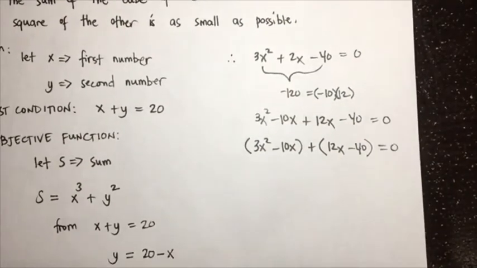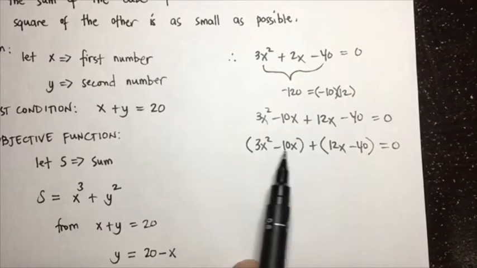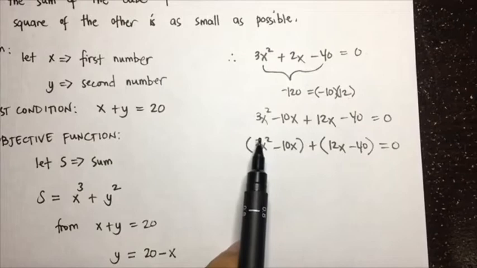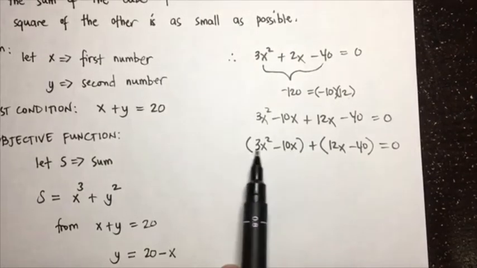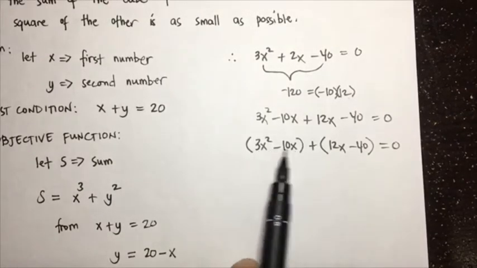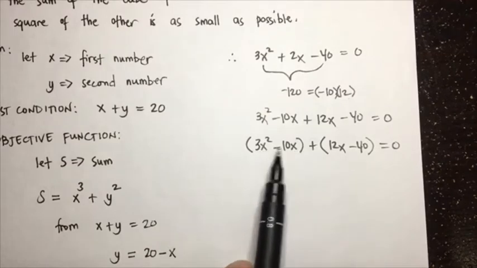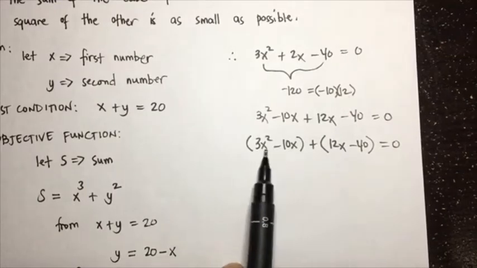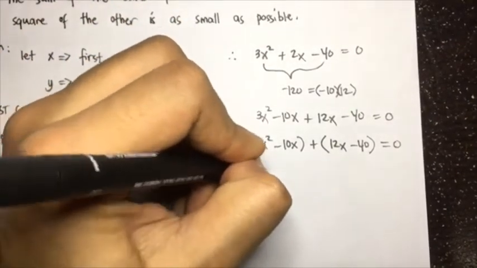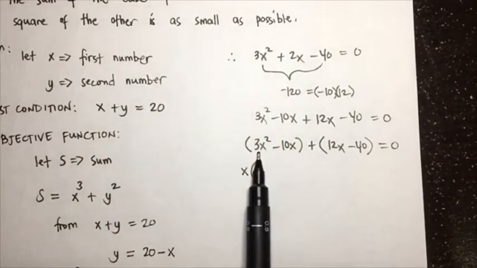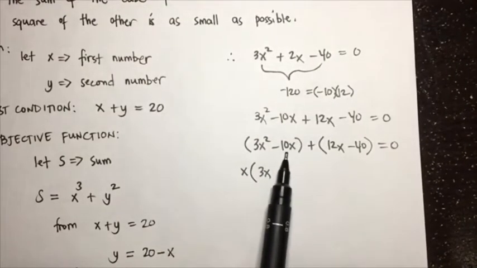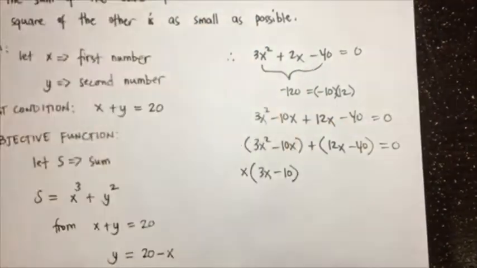Next, we can factor out the greatest common factor of each group. For the first group, the greatest common factor is x. Factoring out x from 3x squared leaves 3x, and from 10x leaves 10, so x times 3x minus 10.